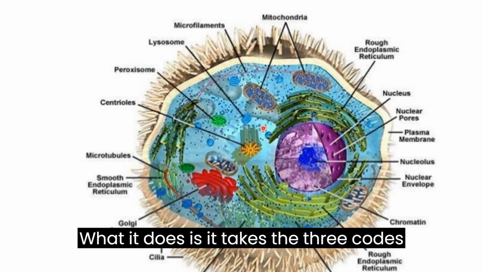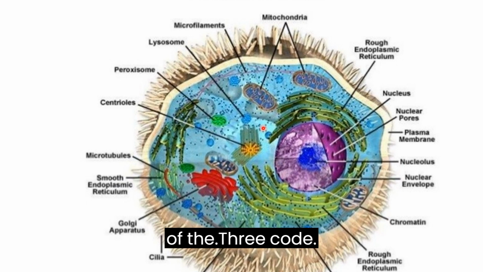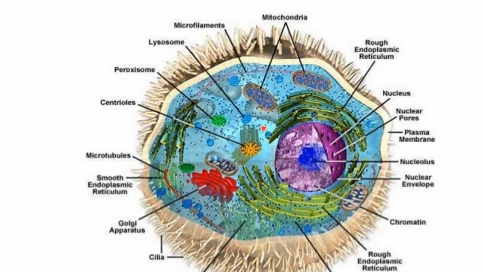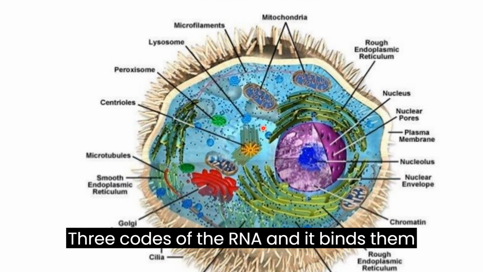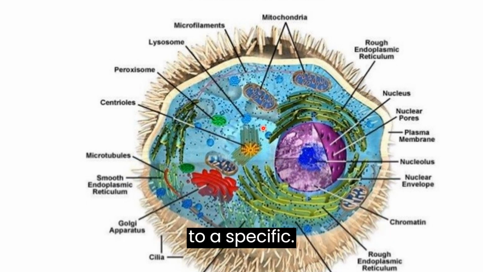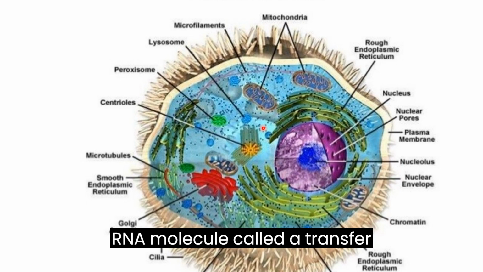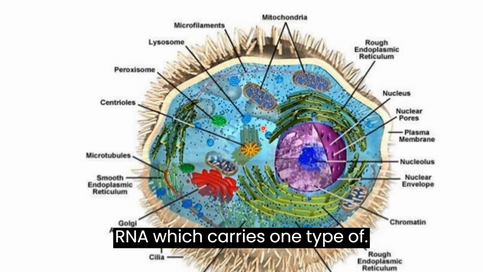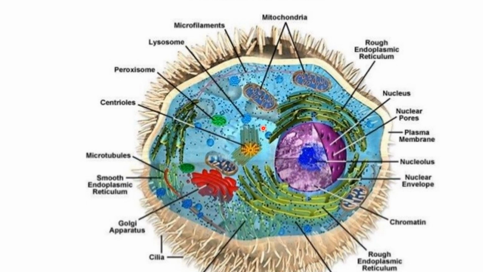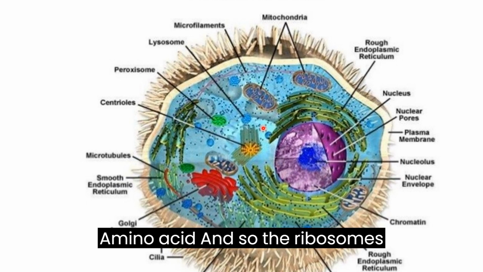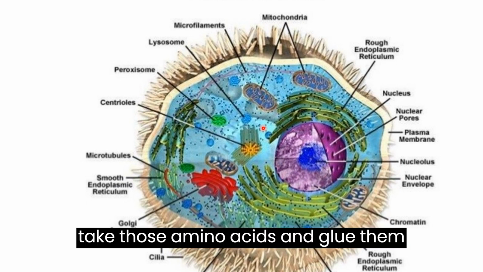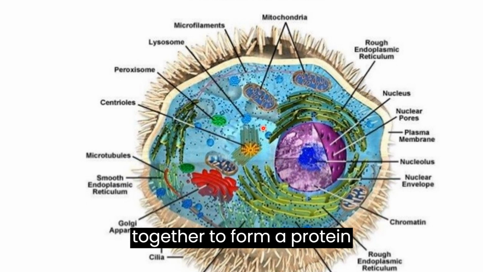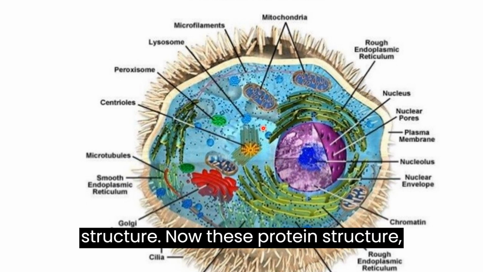What it does is it takes the three-base codes of the RNA, and it binds them to a specific RNA molecule called a transfer RNA, which carries one type of amino acid. And so the ribosomes take those amino acids and glue them together to form a protein structure.